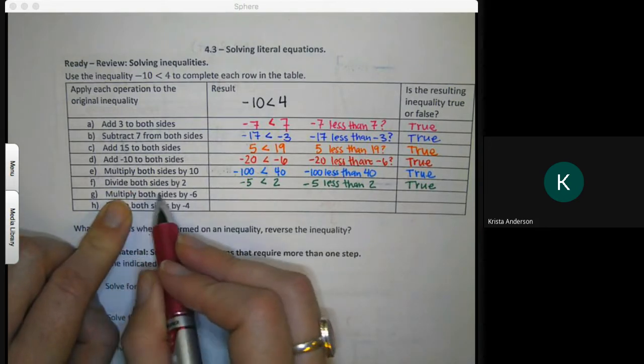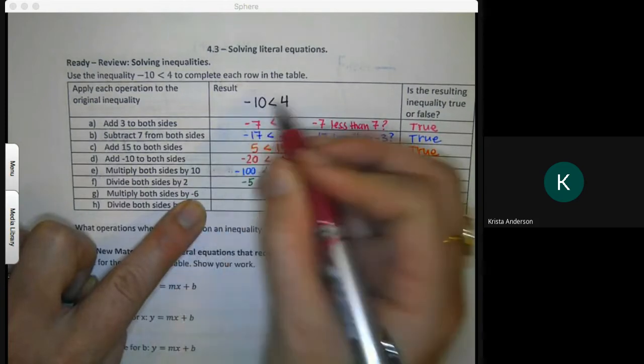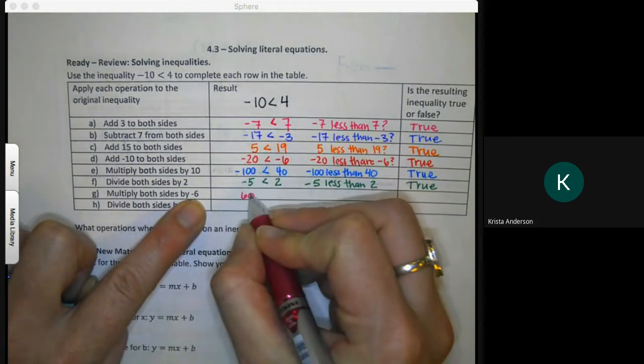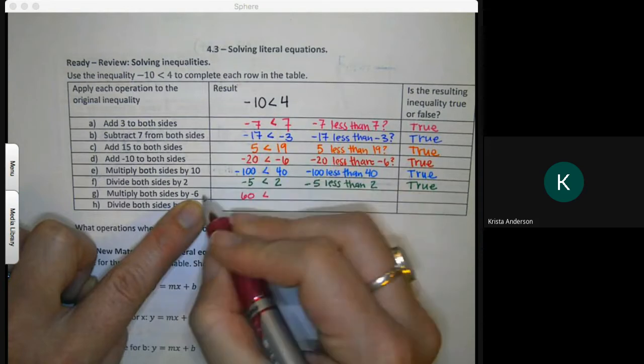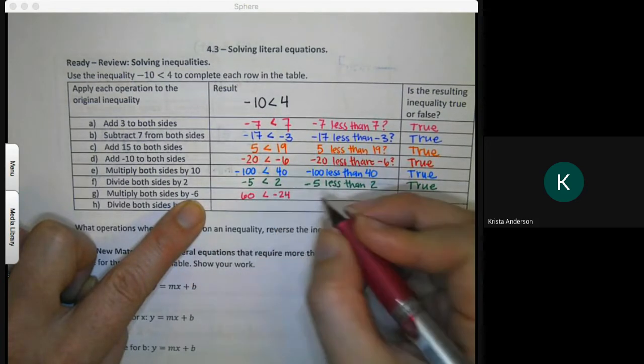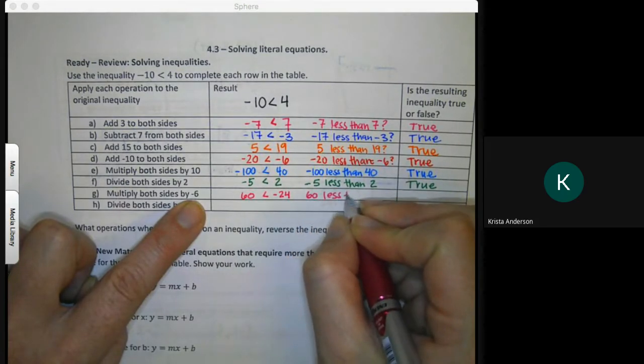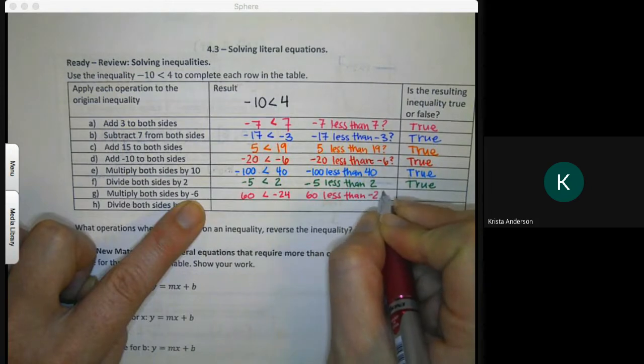Multiply both sides by -6. -6 times -10 makes a +60. -6 times 4 makes -24. Is 60 less than -24?